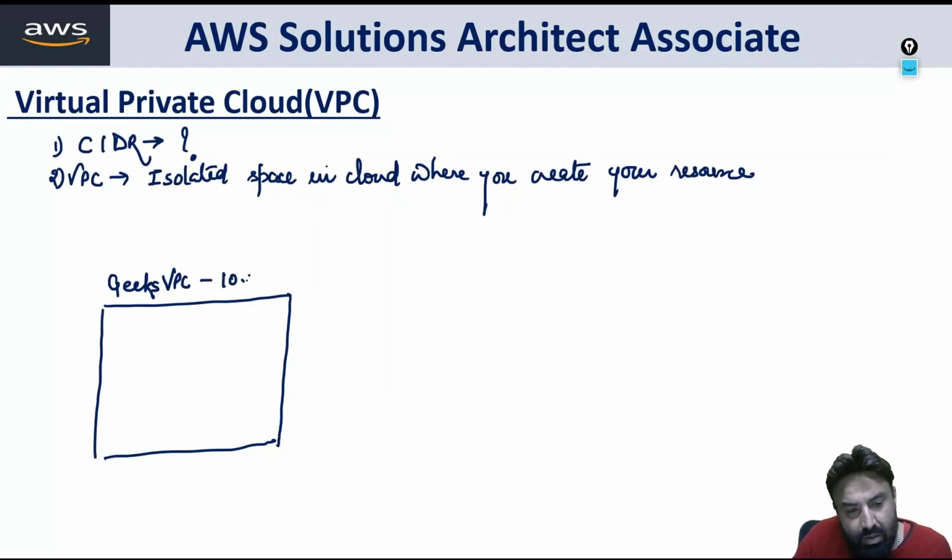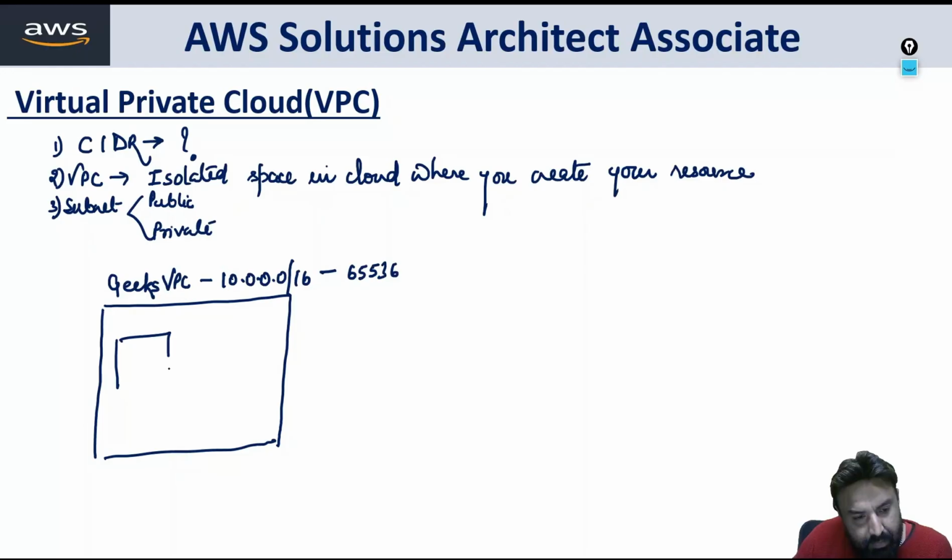Let's say 10.0.0.0/16. Slash 16 means 65,536 IPs, and I'll not explain now how that comes. After that, we talked about subnets, and two types of subnet, public and private. You create a subnet and give it a name, one public and one private, or all public, it's up to you.